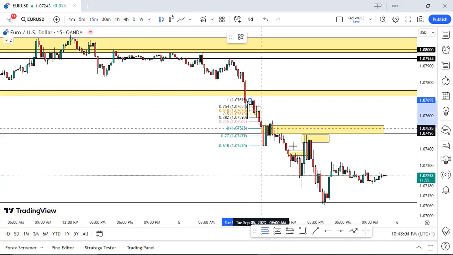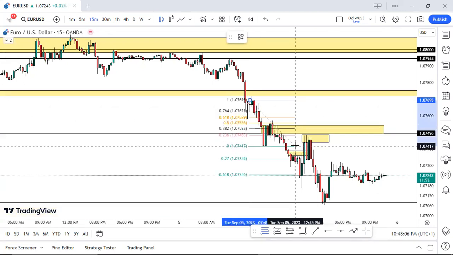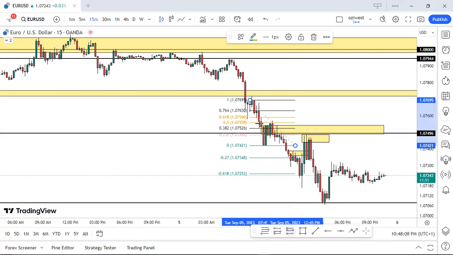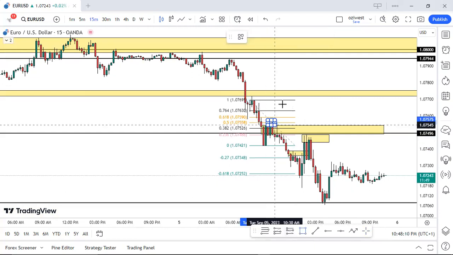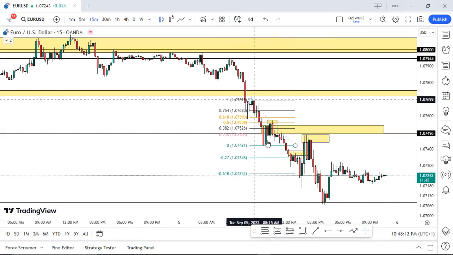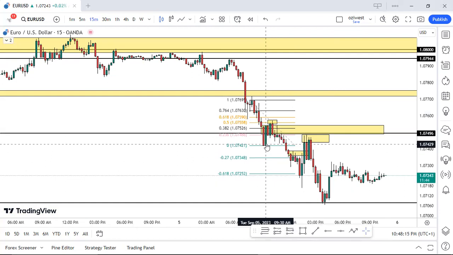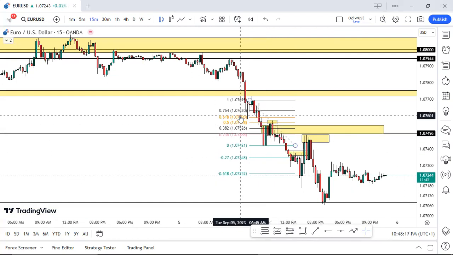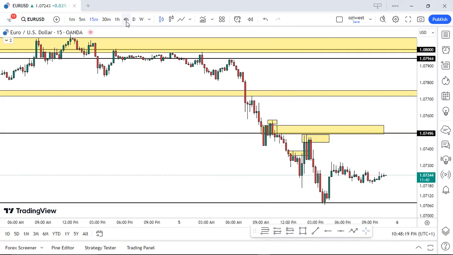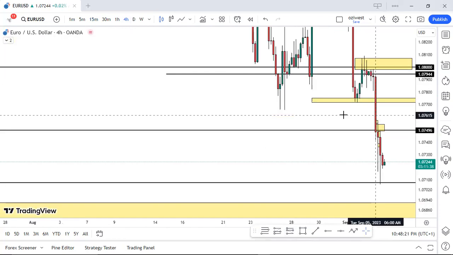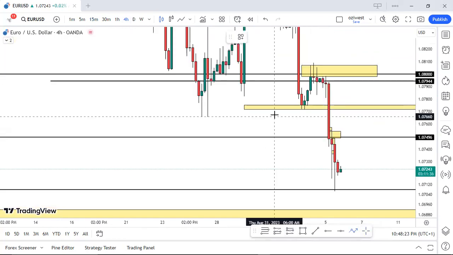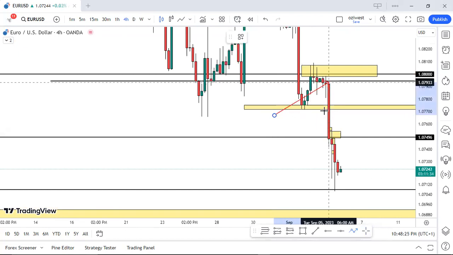I noticed that price rejected our Fibonacci golden zone. I drew my Fibonacci from this push to where price exhausted and started to pull back, because when you look at the 4-hour time frame, you notice that price broke this level of support here aggressively, and also had a level of support that this 4-hour candlestick closed below.